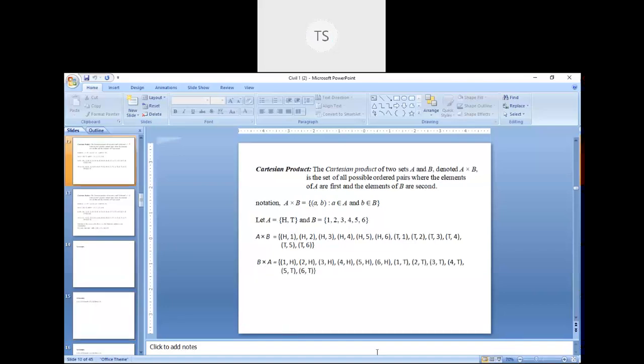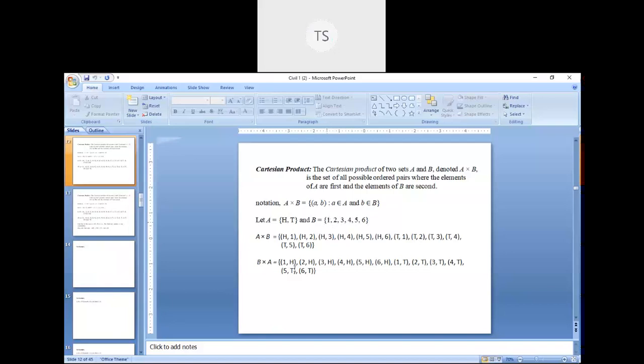See. Now 1H. 1 is from set B. See, this is set B. So from set B, I have taken 1.